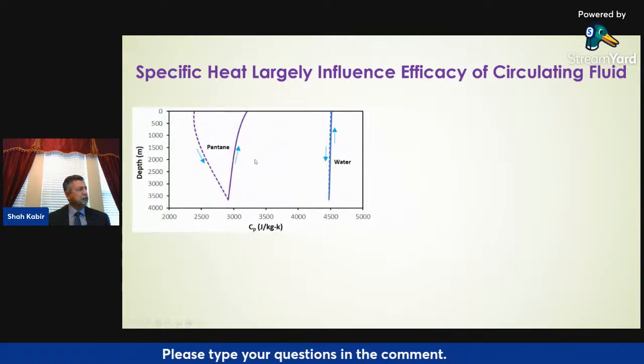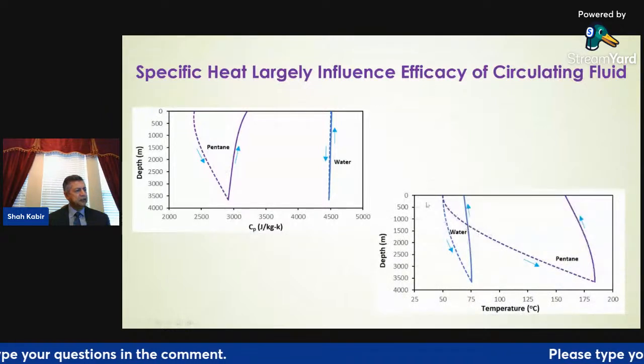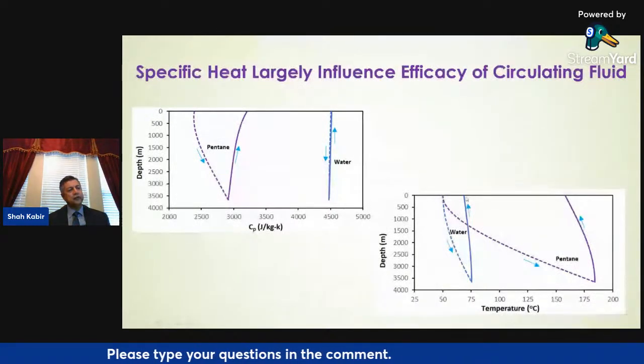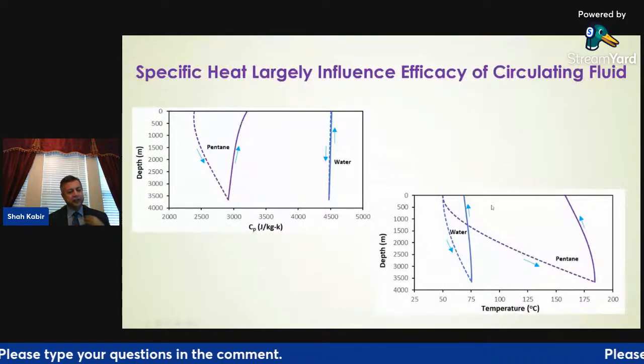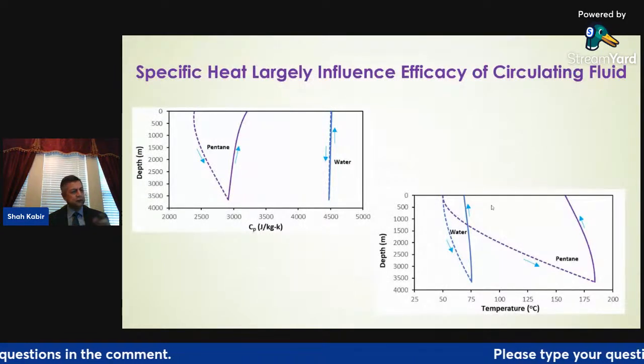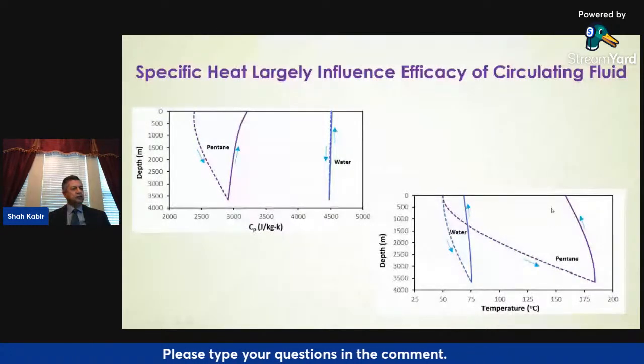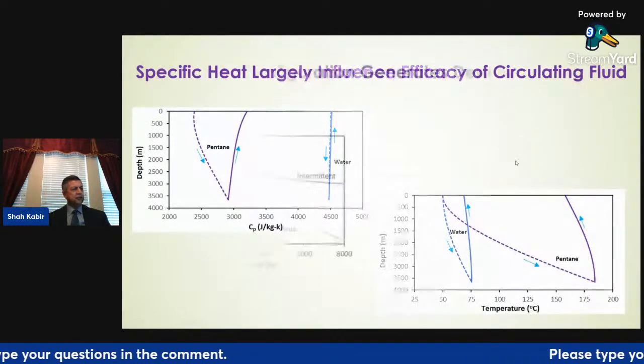And so it has much better heat carrying capacity, and the outcome is shown here, that you can have a much higher outlet temperature than water. We did consider many other fluids like CO2 and butane and many others. So overall, what we have found is that pentane appears to work out very well.